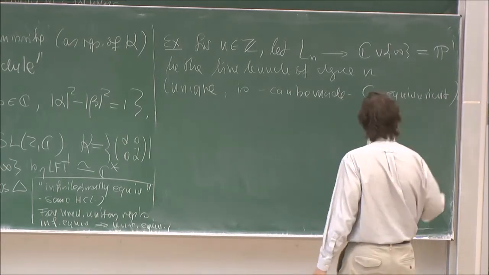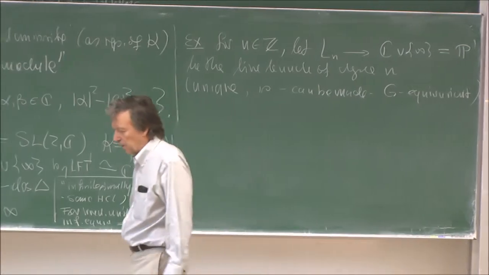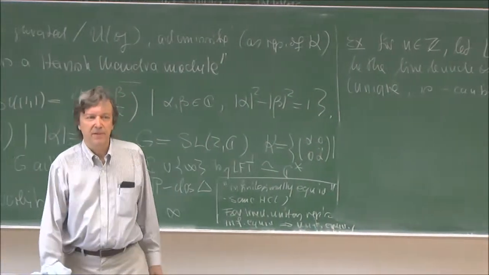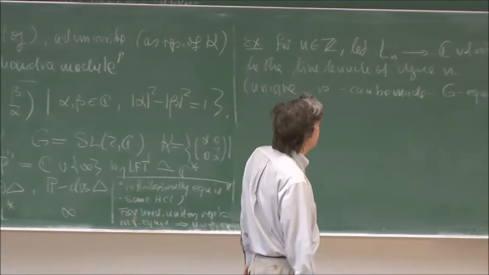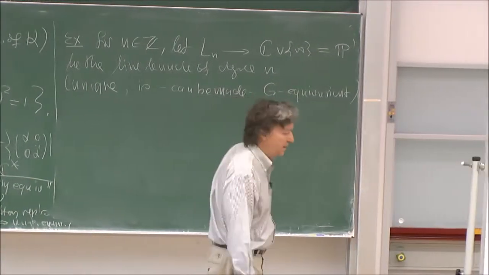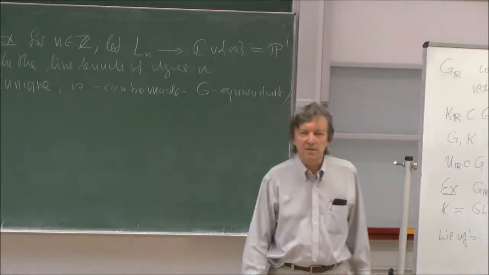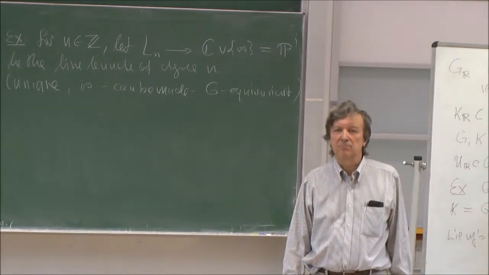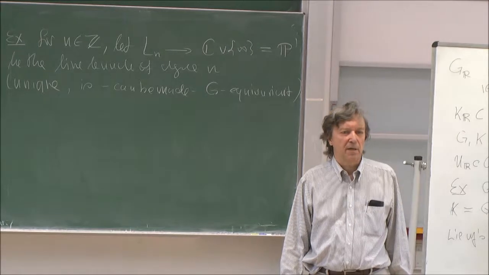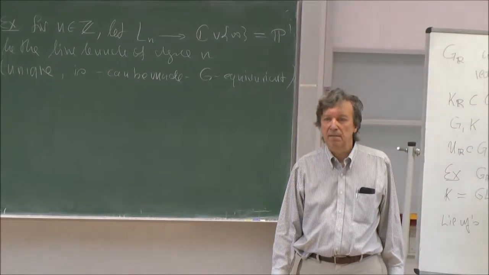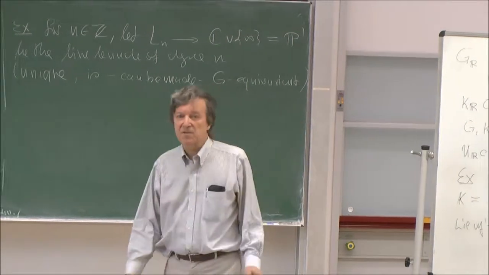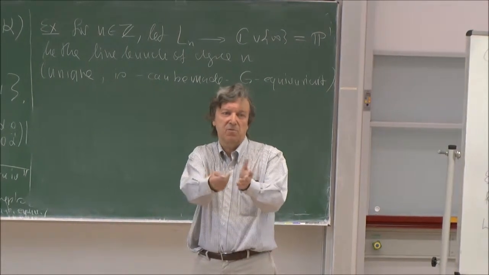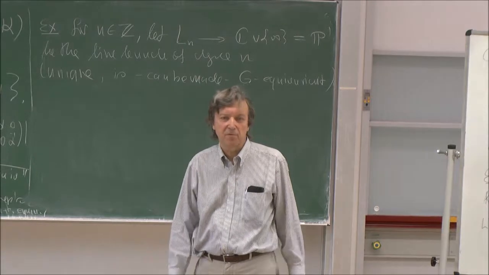So, for example, for n positive, one can think of the space of sections as being polynomials on C2 that are homogeneous of degree n, and then G acts just because G acts on C2 and therefore on polynomials on C2.